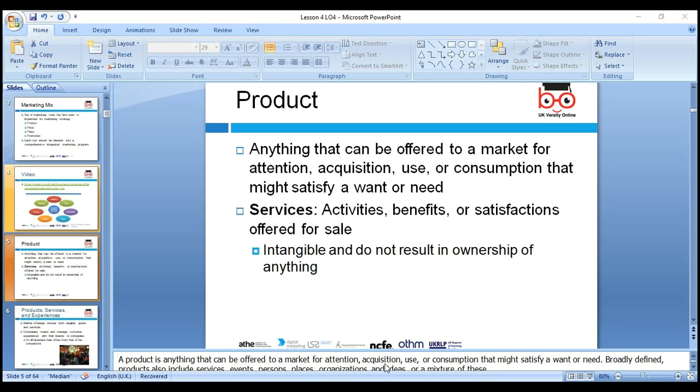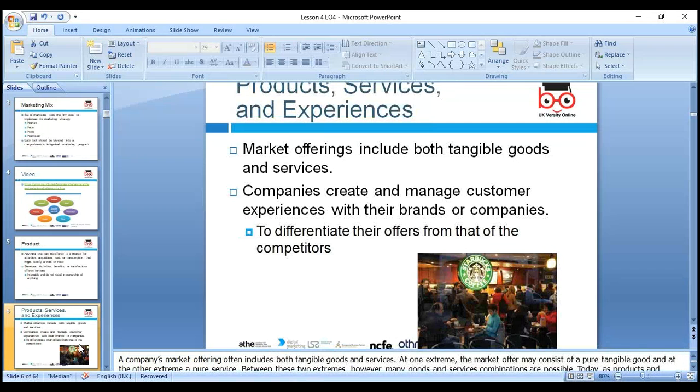So please carry on reading the footnotes at the end of each slide. That will help you further enhance your understanding.